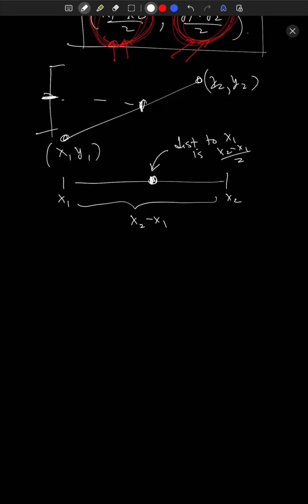So what is actually the coordinate of that point? Well, x1 is not at 0, so here's 0. So if this distance here is x2 minus x1 over 2, and that distance here is x1, then altogether, the distance from here to there is the sum of them, x1 plus x2 minus x1 over 2.